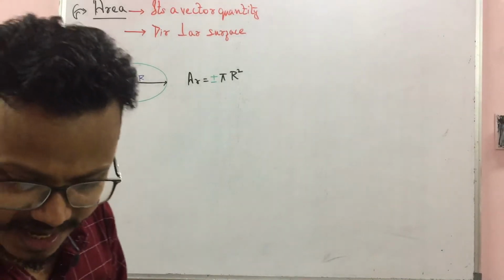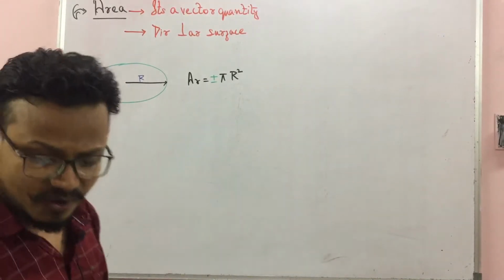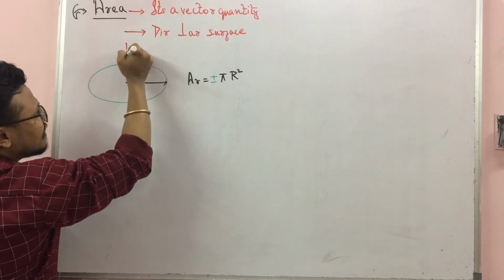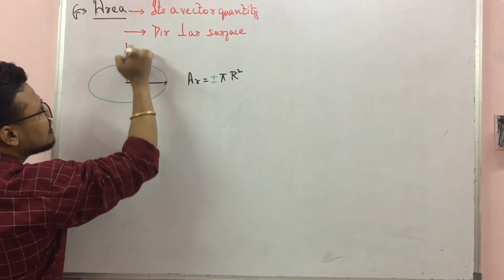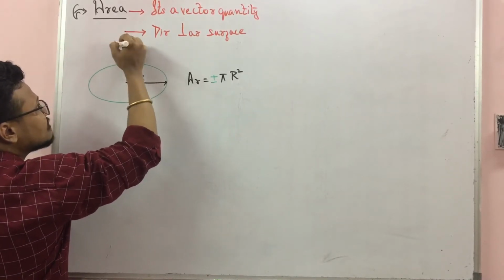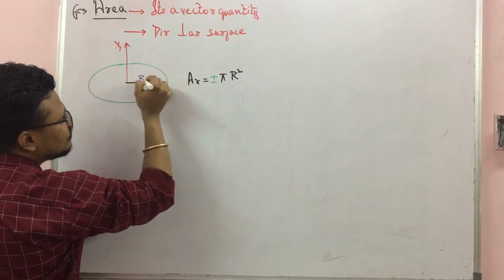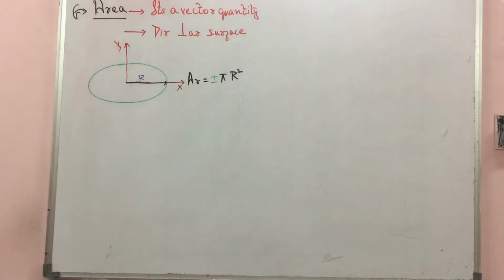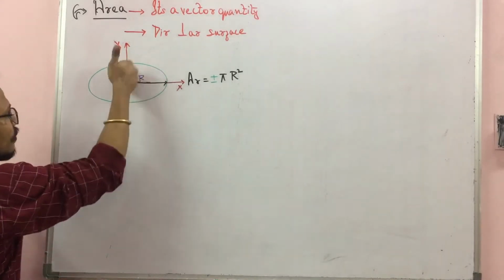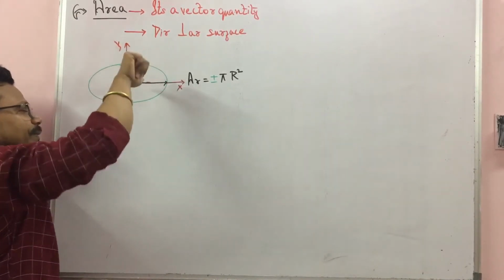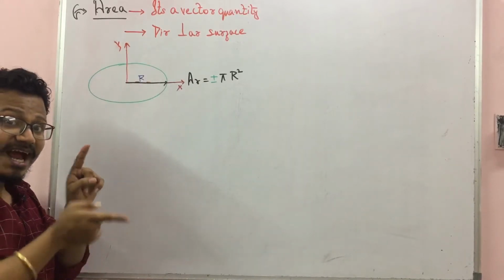Now if I make an axis, this I made the y axis and this I made the x axis. See where the y axis is going: outside. So it is inside and outside.